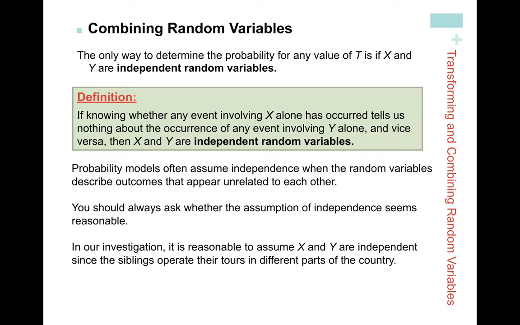But if these two variables, X and Y, truly are independent random variables, meaning however many passengers Pete has has no impact on however many passengers Aaron has. Now, if Pete and Aaron are on the same island, located right next to each other, and their adventures are pretty similar, they might be dependent, right? Because customers might choose Pete, which lowers the probability that they're going to choose Aaron.